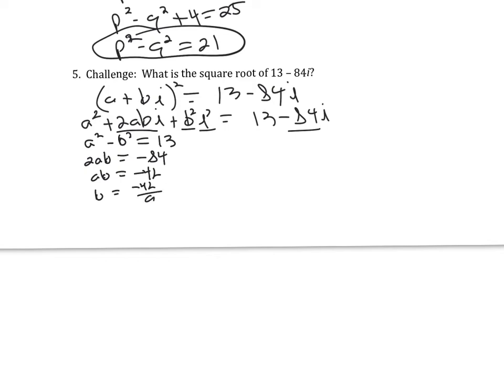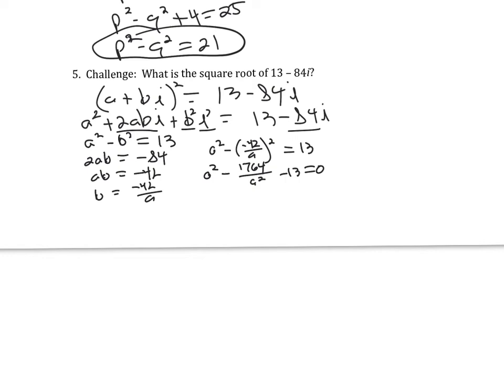We rewrite a squared minus b squared to get a squared minus (negative 42 over a) squared is equal to 13. And we're going to bring the 13 over, and we're going to say a squared, this will end up being minus, so we have negative 42, so we're going to get minus 1764, which is 42 squared, over a squared, minus 13 equals 0.